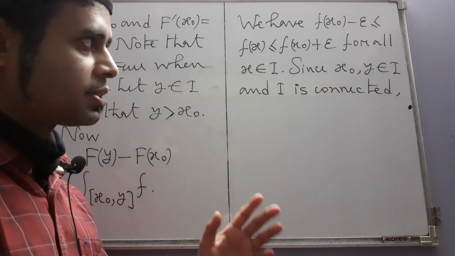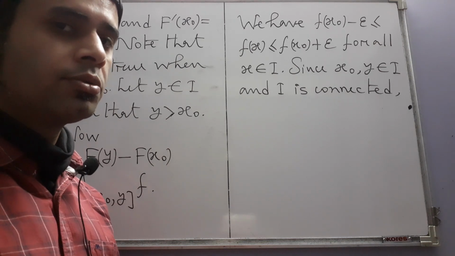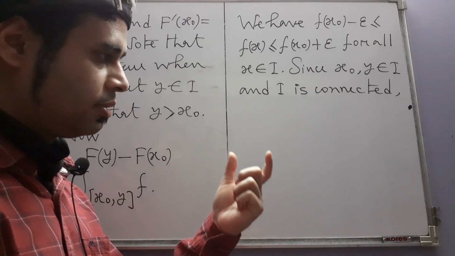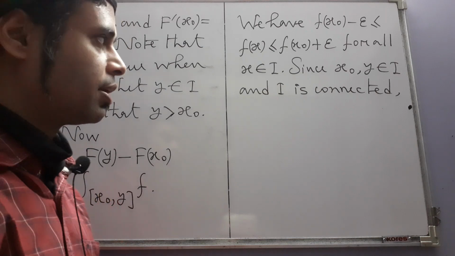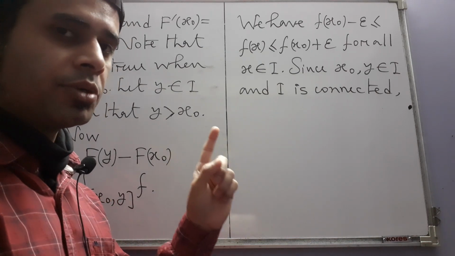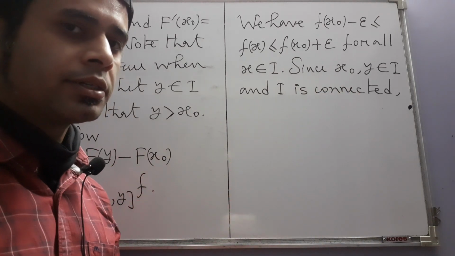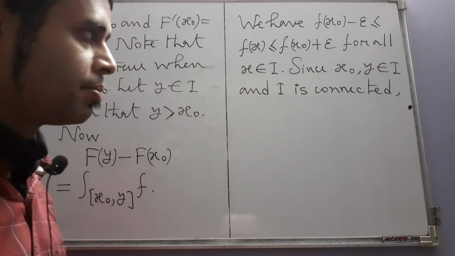And when you have such a connected intersection of two closed intervals, then the intersection itself is an interval. And because it is an interval and because it is connected, do you remember the definition of a connected set on the real line?